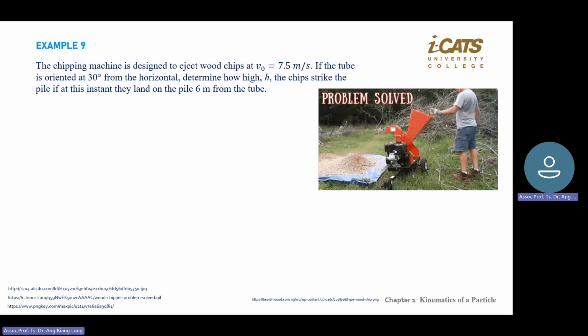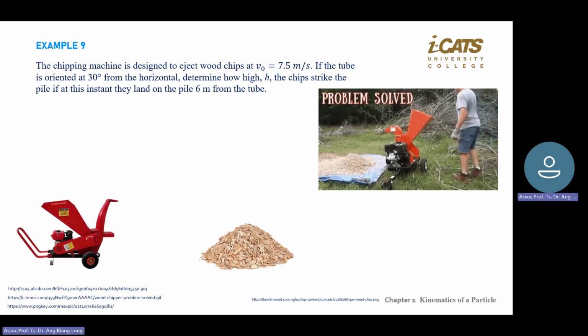Okay, the next one. This one is more on the final exam standard. You use a chipping machine, and some of you may not know what a chipping machine is. It's quite common overseas. It means you break the branches into shredded wooden pieces. You are given a machine designed to eject a chip at 75 meters per second.